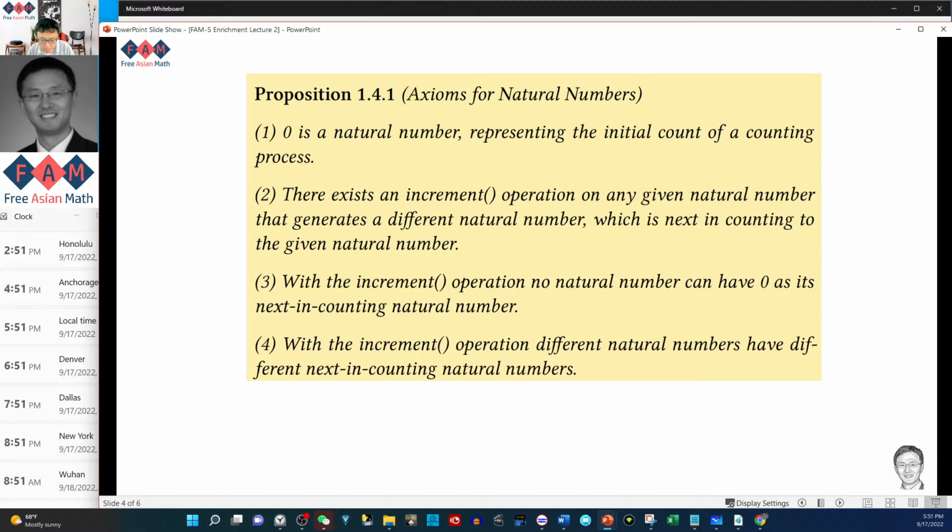That's where the 4th axiom is needed. This essentially says all different natural numbers will have different next natural numbers. So this counting process will only go forward, 1, 2, 3, 4, all the way to infinity. It will never go back, say 1, 2, 3, 4, 5, then back to 3. That's not allowed. That's what this axiom does.